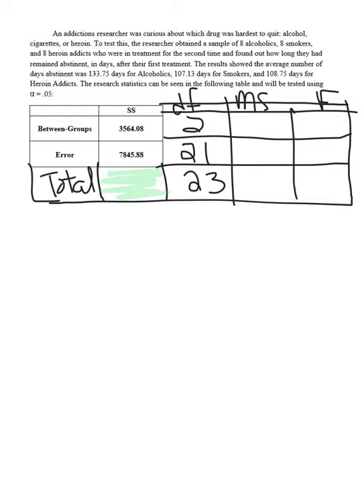So what I'm doing is I'm putting in my calculator 3,564.08 plus 7,845.88, and that will give us our total. So I ended up with 11, that's not the right one. I need the correct pen. Okay, 11,409 and 96. So there is a period there.